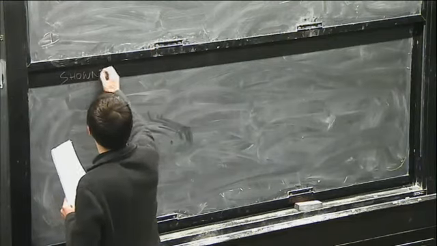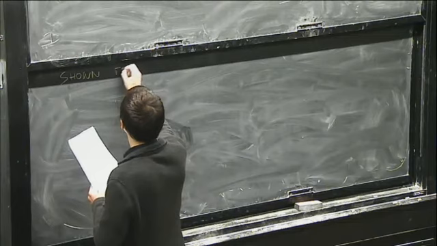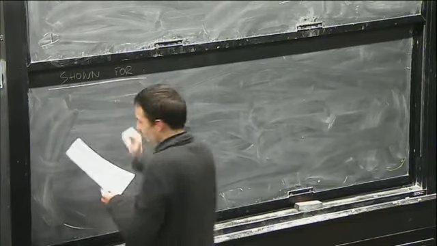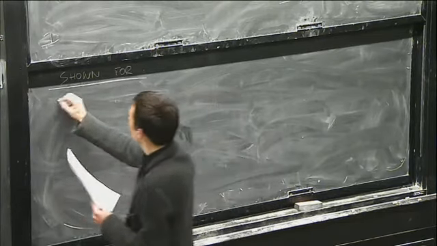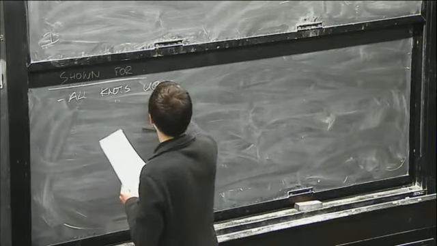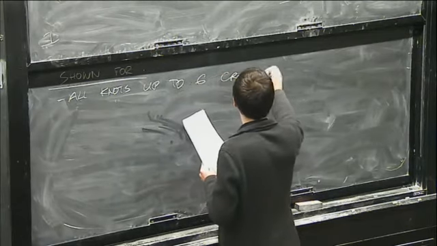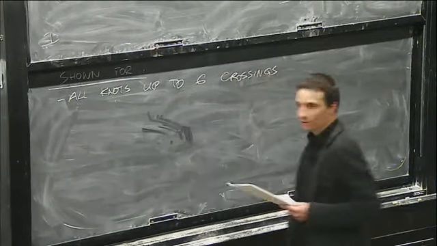As has already been said, it's a conjecture that it holds in general, but we have proven it in various special cases. First of all, for all knots up to six crossings, and if you start playing with that, you see that it's quite non-trivial.